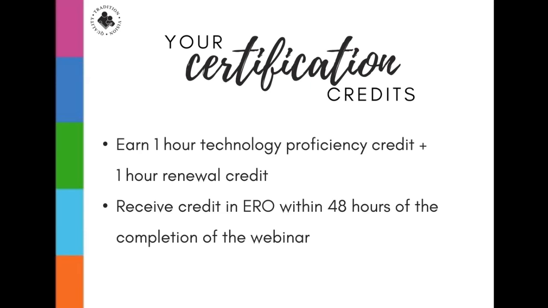I can't tell you how many emails I've gotten today saying I did the PD yesterday. When is my credit going to show up? And with thousands of these credits to give out for various sessions happening all the time, we definitely need some time because we manually have to put those into the system. So please give us at least 48 hours for these live PD sessions to make sure that we give you your credit.